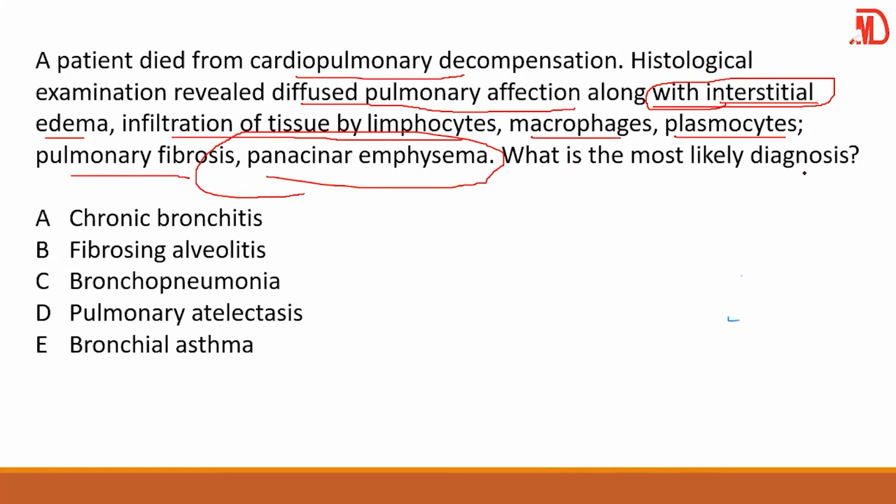This is a form of lung disease that is characterized by a progressive scarring of the lungs. As you can see, there's inflammation and progressive scarring. There's fibrosis, there's pan-acinar emphysema, and so on. Another name for interstitial pneumonia is fibrosing alveolitis.